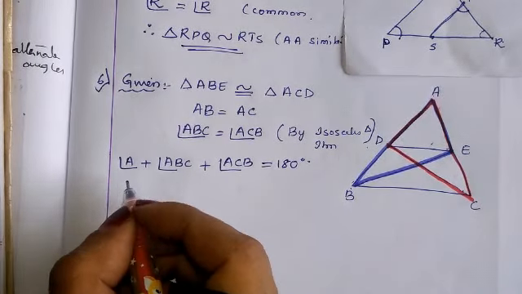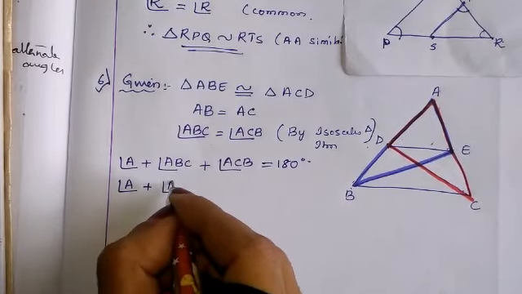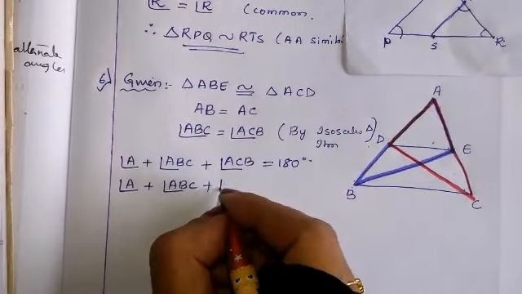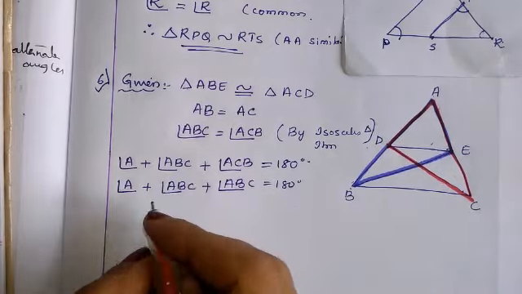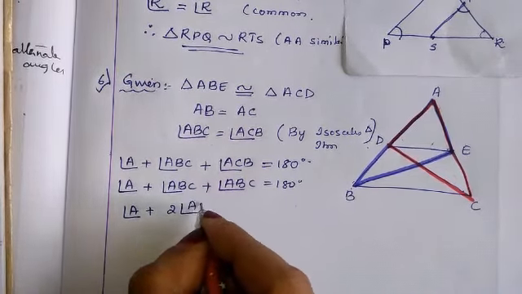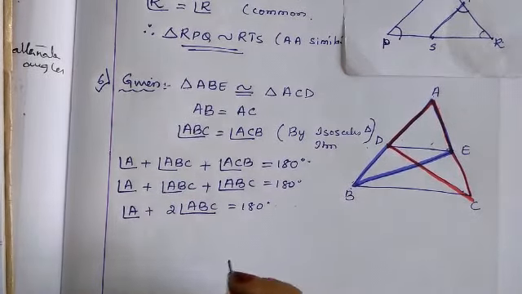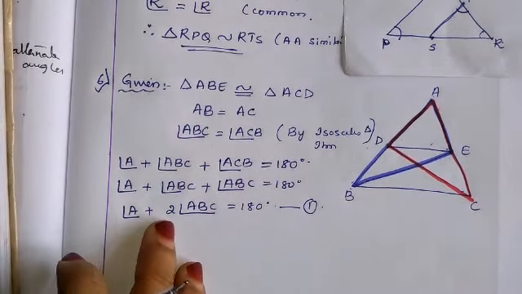Now angle A we will write as it is, plus angle ABC I will write as it is. ACB is also equal to ABC. I will write again ABC is equal to 180 degrees. Angle A plus 2 angle ABC is equal to 180 degrees. Now let us consider this as equation 1.